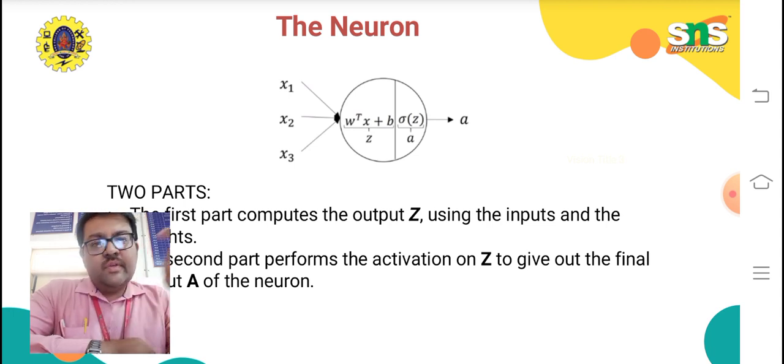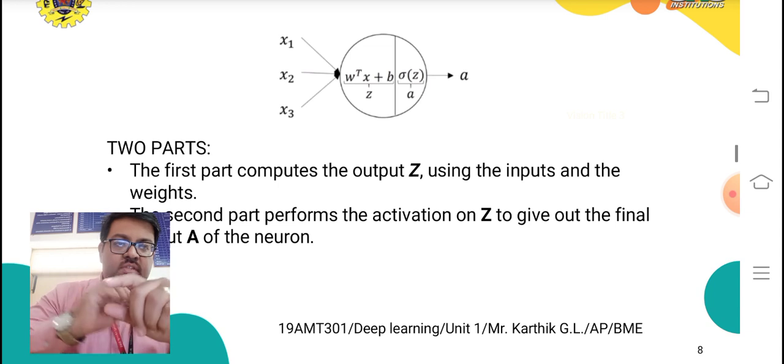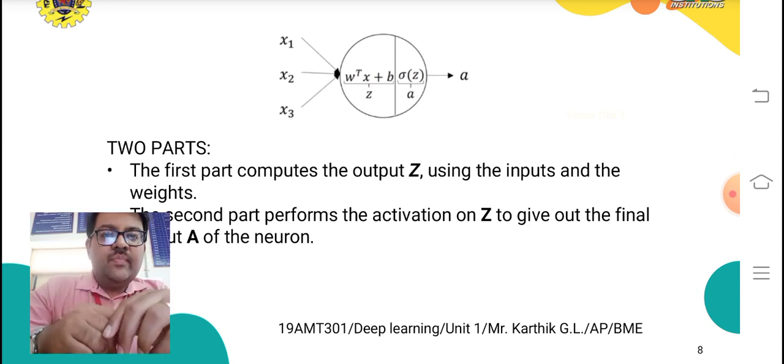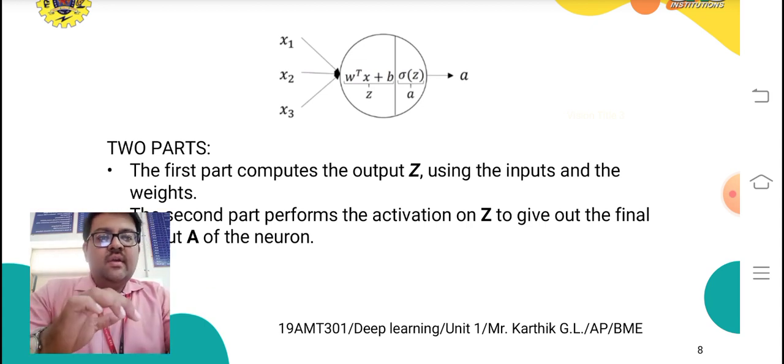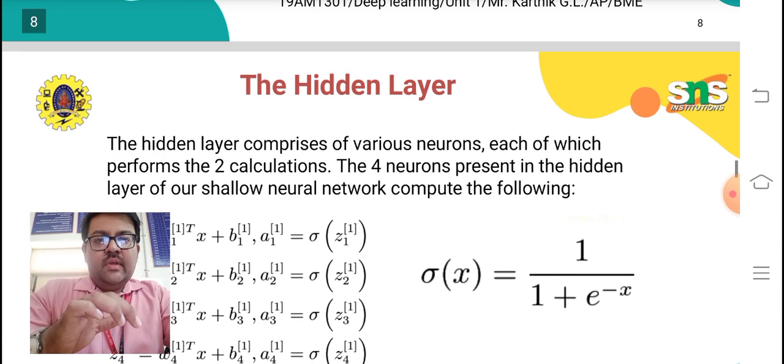We also saw the sigmoid function. So likewise a function is applied on Z. After application of a particular function on Z, we will get the output A. So it has two parts. The first part computes Z using the inputs and weights, and the second part performs some activation on Z using some function, and finally we get the output.